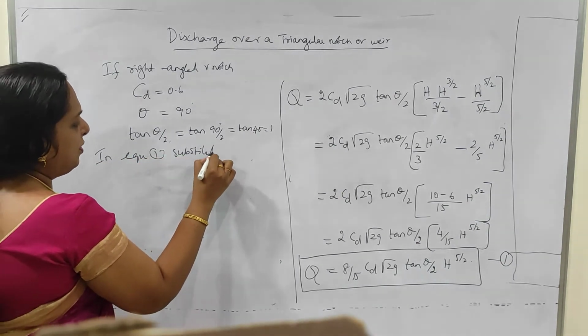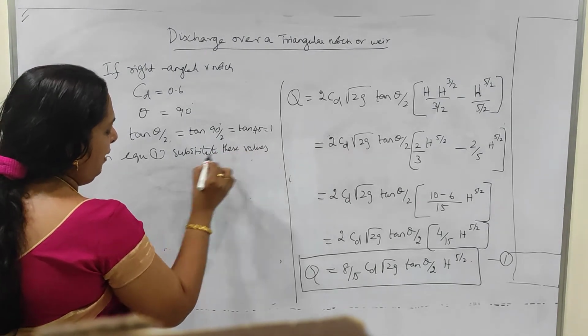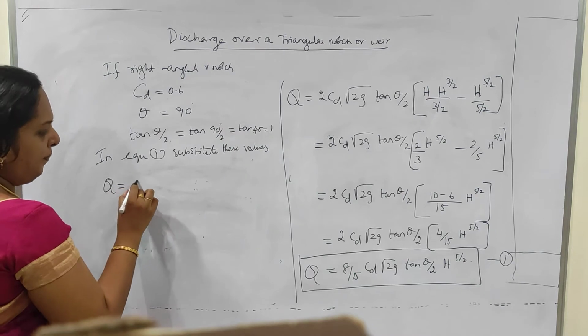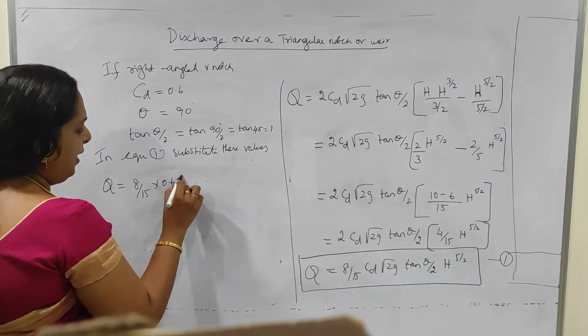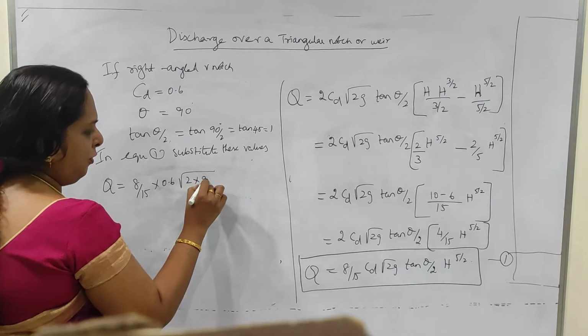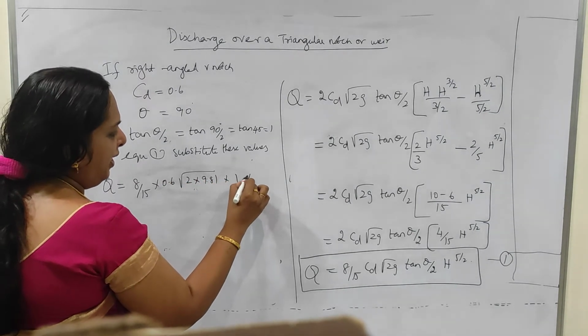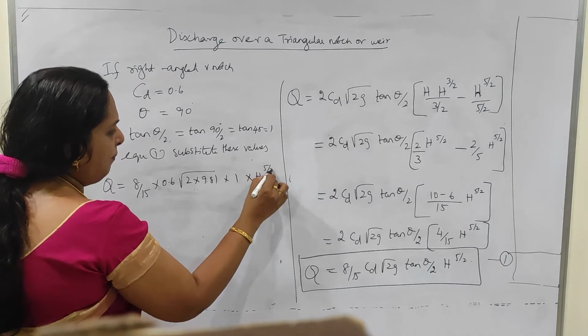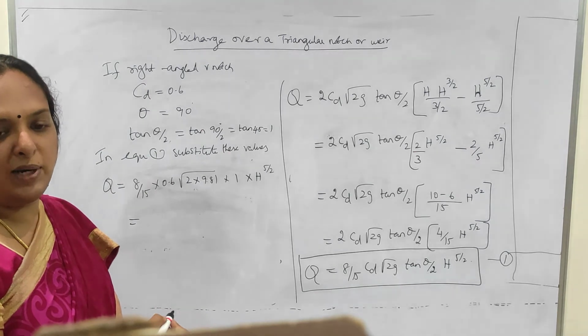When I substitute these values, what will be my equation now? Q is equal to 8 by 15 of Cd is 0.6 into root 2g, which is 2 into 9.81, and tan theta by 2 is equal to 1, into h to the power of 5 by 2. I can easily solve these values and get the value.